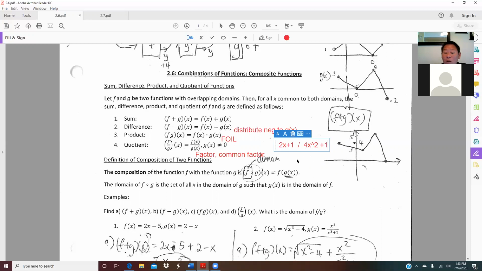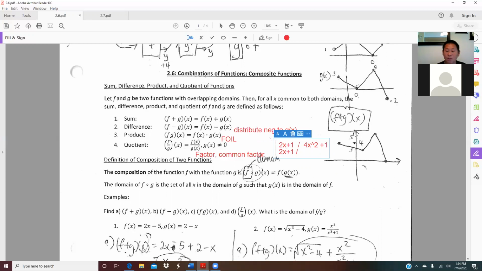That is wrong. Why it's wrong is because you cannot cancel a fraction like this if you have addition or subtraction in a term. You can only cancel if they have a common factor. So what you need to do in this case is factor. 2x plus 1, you cannot factor it.